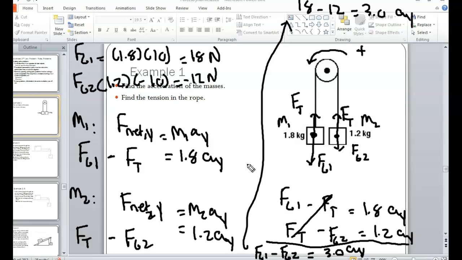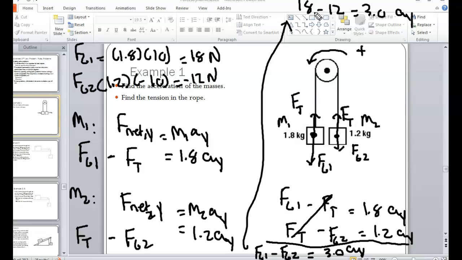So I'm not double subtracting, if that makes any sense. Fg2 should be negative 12. And so when I wrote this equation down here, what it really should have been is Fg1 plus Fg2 because it's the sum of the forces. But I've already taken into account that Fg2 should be negative, and I don't need to do that twice.